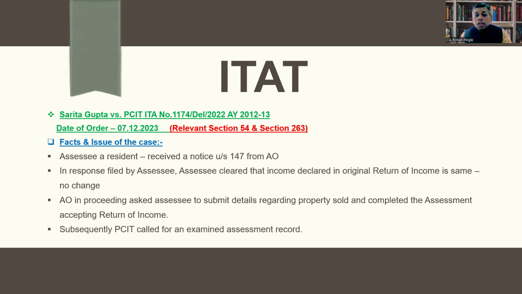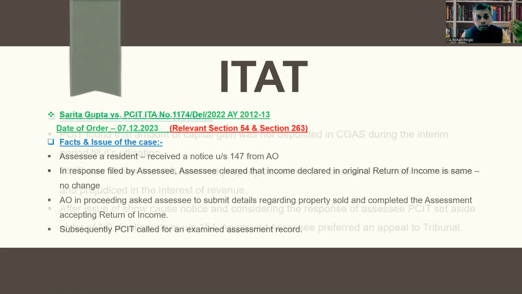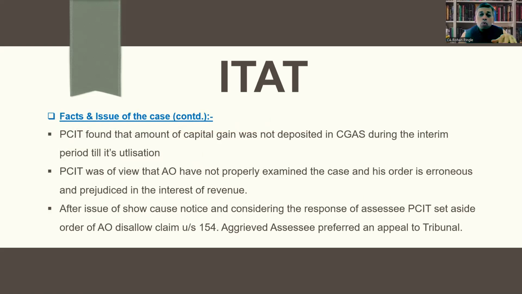What the AO has done is he asked to submit the details of the property and completed the assessment accepting the return of income. But subsequently, the PCIT called for and examined the assessment record, where the PCIT found that the amount of capital gain was not deposited in the capital gains account scheme during the interim period till its utilization.